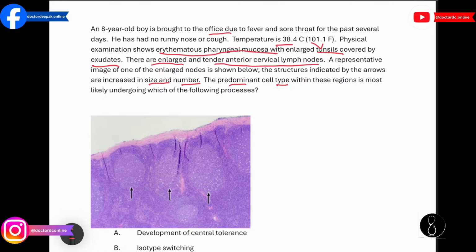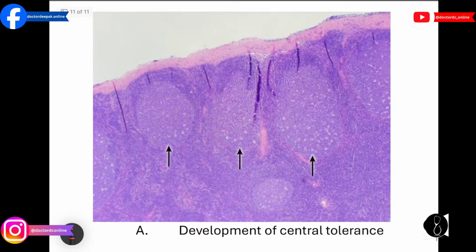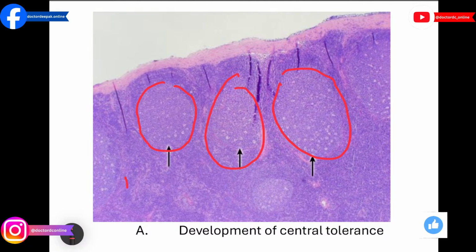Just remember that the starting page of immunology was the structure of lymph nodes. If you focus on that picture, remember that in a lymph node there are follicles, and in follicles there are germinal centers. These large germinal centers must be seen in a secondary follicle due to B cell activation.